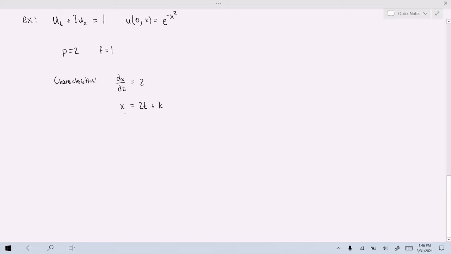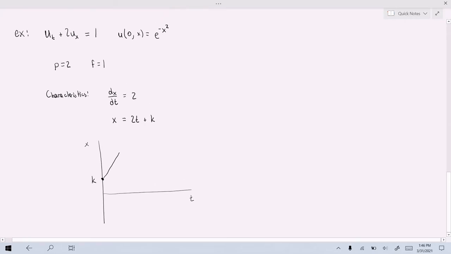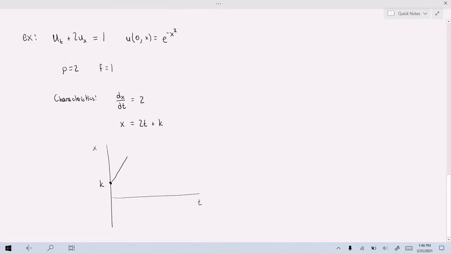So then this is the equation of a line with a slope of positive 2. And it would intersect the x-axis in this picture at k. Okay. All right. So then the characteristics of this PDE are going to be the lines in the plane with a slope of positive 2.